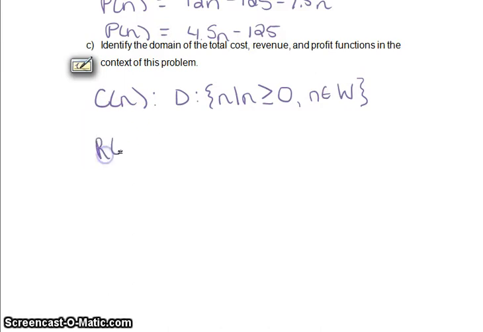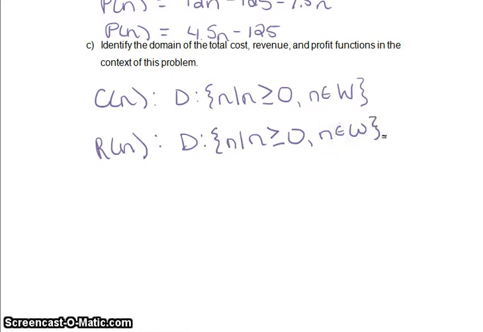For R of N, it's going to follow along those same lines. So we have D: curly bracket N such that N, and once again we have the same domain, so N must be greater than or equal to 0, and we can also say that the number of t-shirts sold must be whole numbers. We can't have half of a t-shirt sold, or a quarter, or a third of a t-shirt sold.